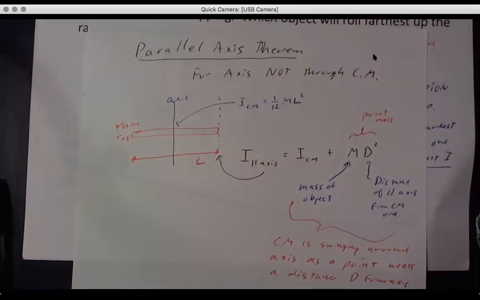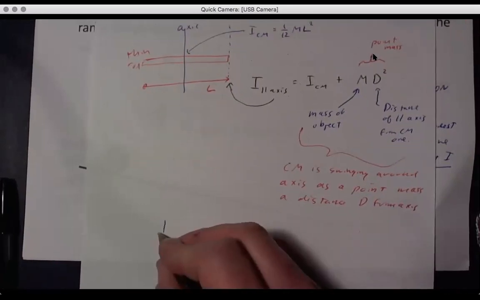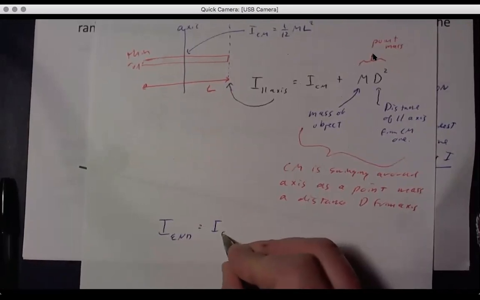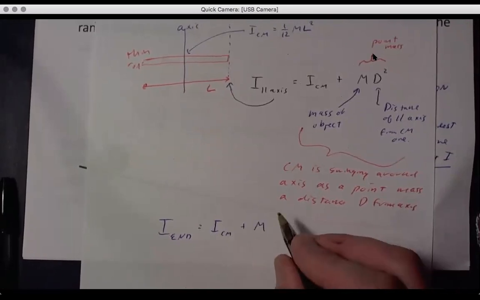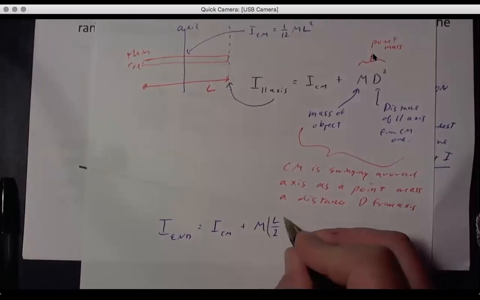Okay, so for our particular case here, we can now write down I at the end is equal to I center of mass plus m, and the distance between these two now is L over 2 squared.